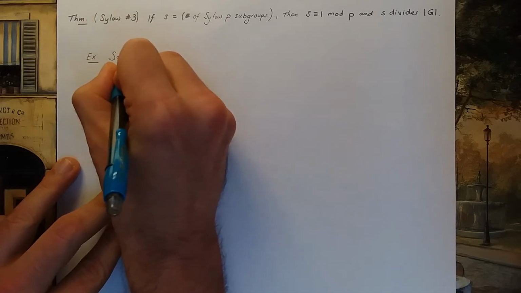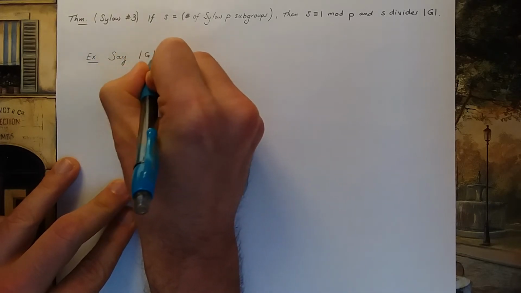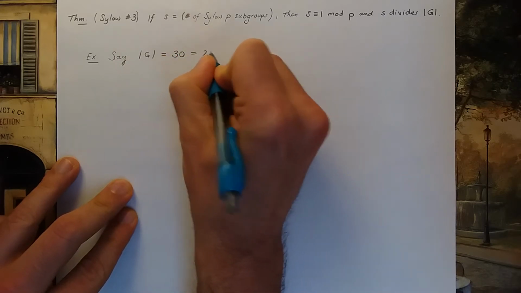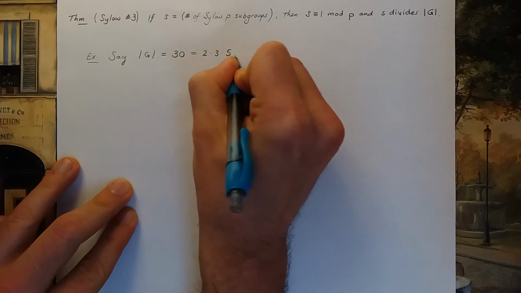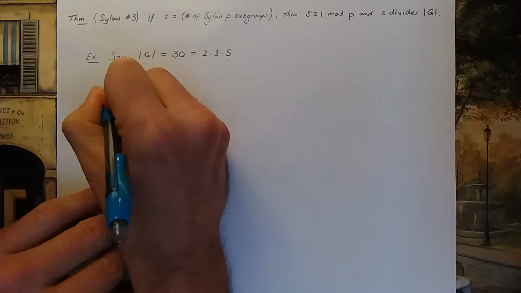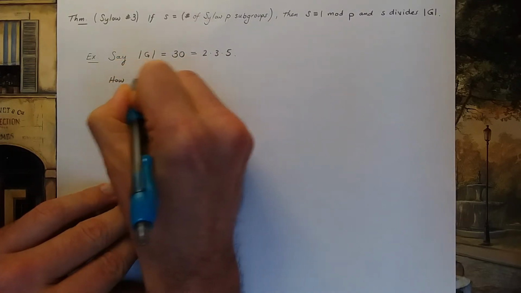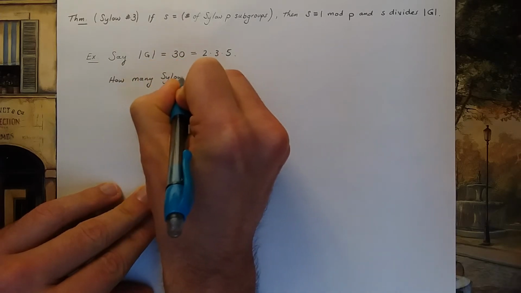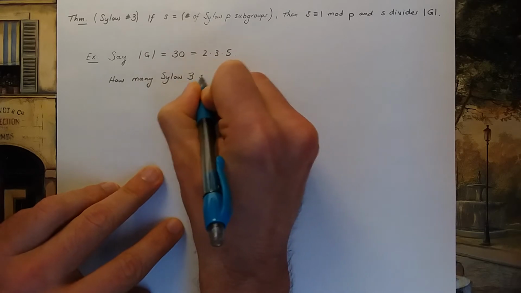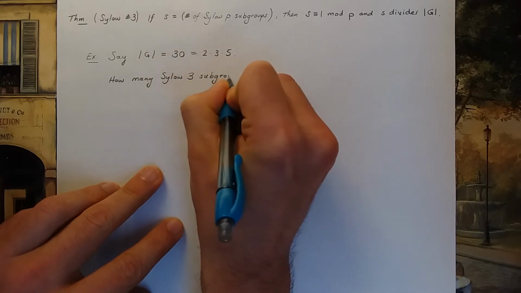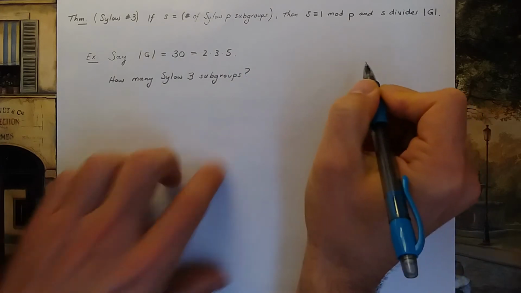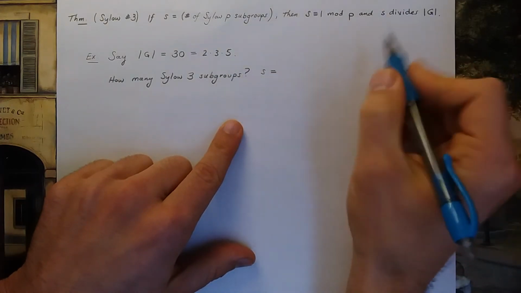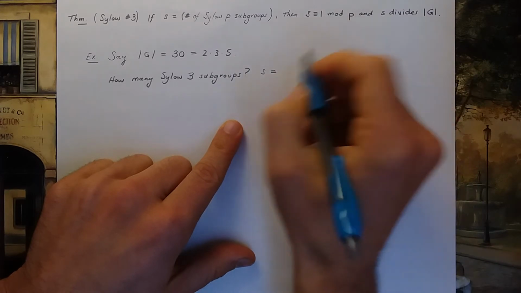Let's say that the size of our group is 30, and 30 is 2 times 3 times 5. How many Sylow 3 subgroups are there? Well, the number of Sylow 3 subgroups has to be congruent to 1 mod 3.